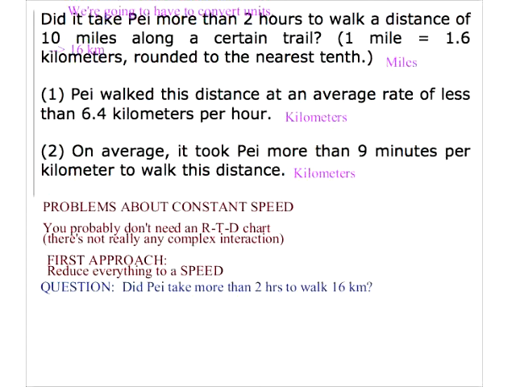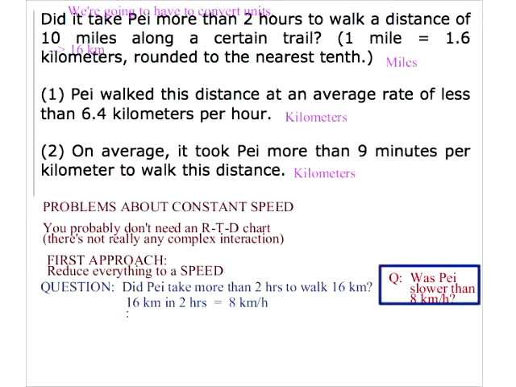It's 8 kilometers per hour, right? So the real question is, was Pei slower than 8 kilometers per hour? Because if it took him more time to walk the distance, then he must be slower.